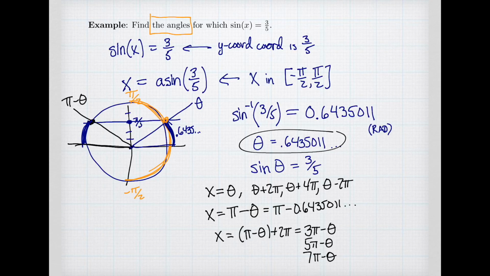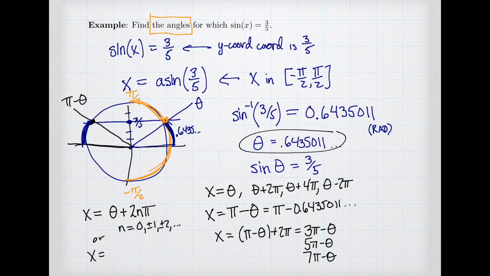There are infinitely many solutions, and a way that I could describe these is I would say solutions look like x equals this number theta that we found, plus even multiples of pi. So I'm going to say theta plus 2 times an integer n times pi, where n is 0 or plus or minus 1, plus or minus 2, on and on forever, as well as solutions that look like, what are the others?